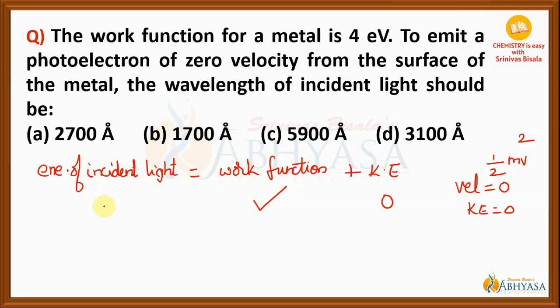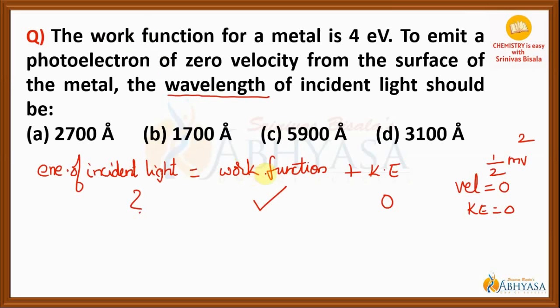So here, instead of calculating the energy of the incident light, we need to calculate the wavelength of the incident light. So we need to equate these two. Now energy of incident light is equal to work function. As we need to calculate the wavelength, so directly convert the work function value, which is 4 electron volt, into wavelength. Let's solve this.